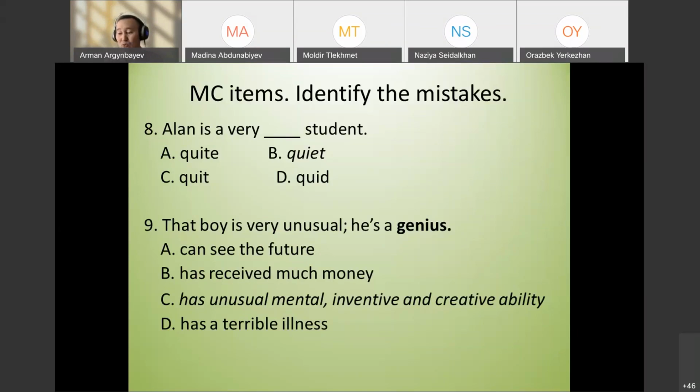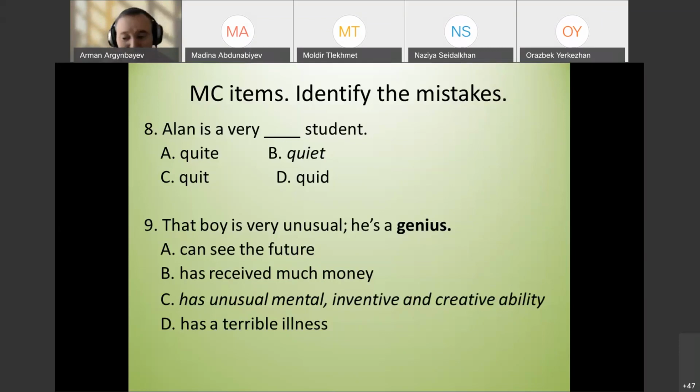Exactly, you're absolutely right, Aruzhan. It's a pronunciation test. Quite, quiet, quit, quid. So you're checking students' listening skills and ability to differentiate those sounds. This is a pronunciation test. Don't design vocabulary tests like this.